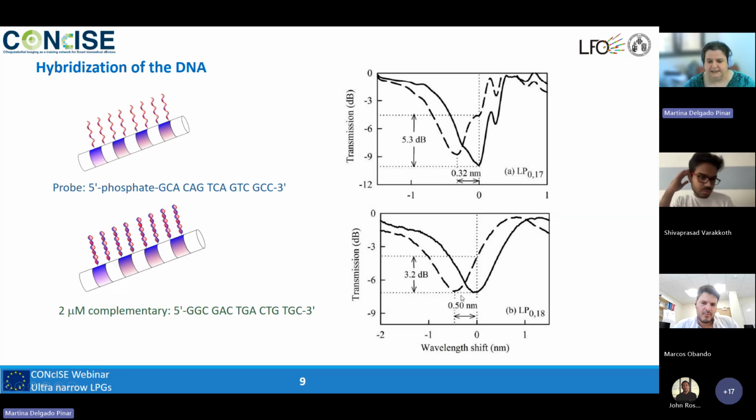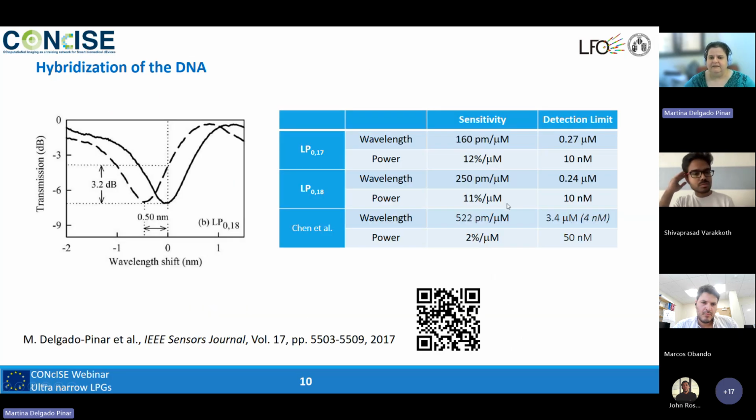Then, based on these numbers, we estimated the sensitivity and detection limit of our device for 2 modes, for 2 resonances, and we could see that the sensitivity and the detection limit were improved with respect to the work by Chen et al., where they were using broadband long period gratings. This is the first example that I wanted to show you.